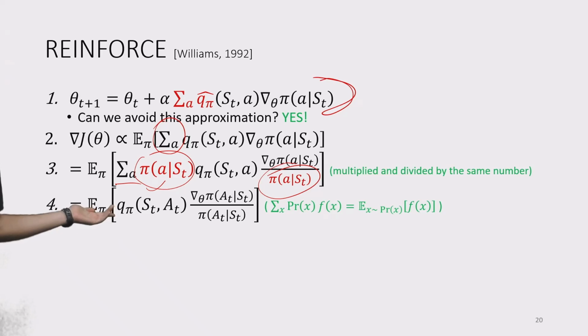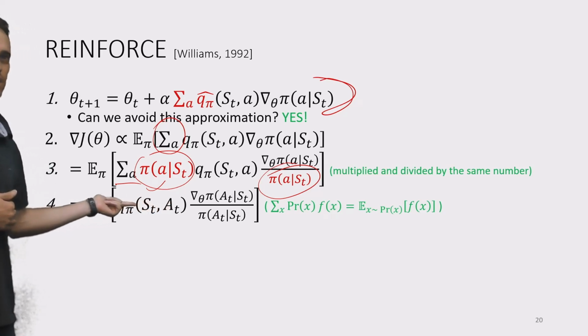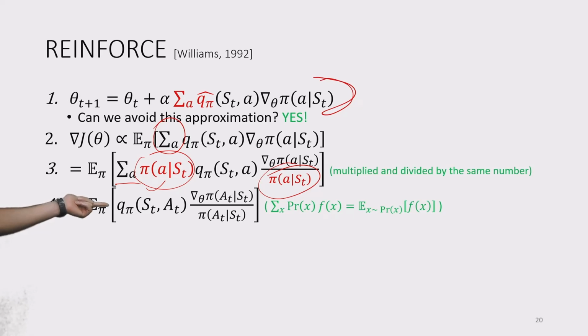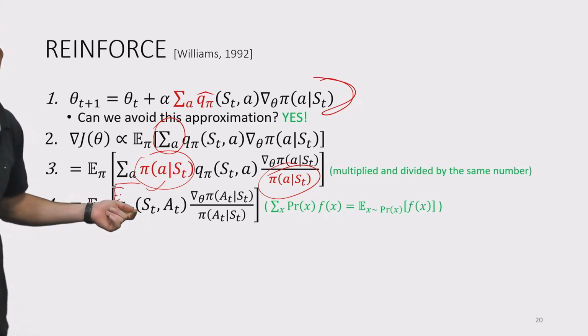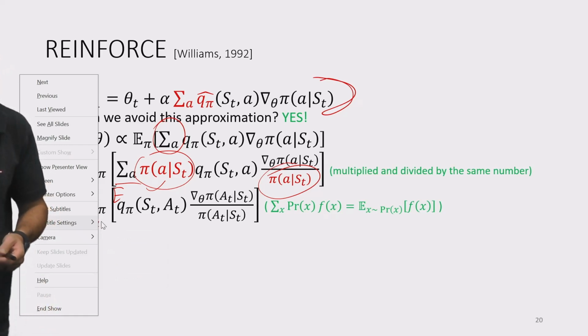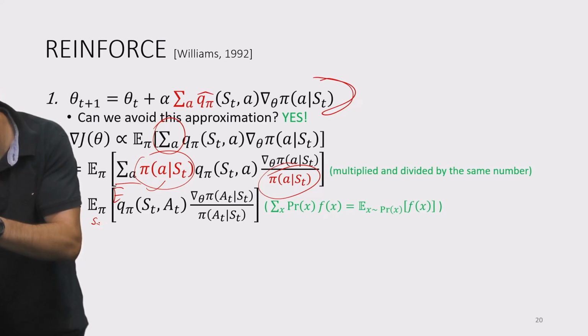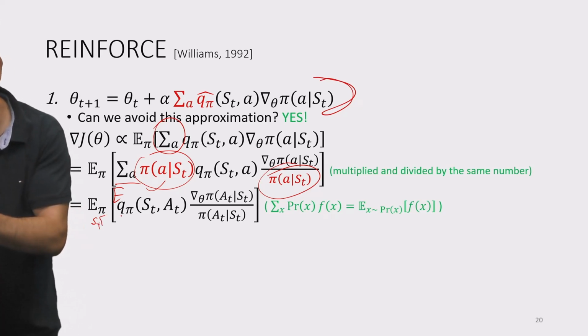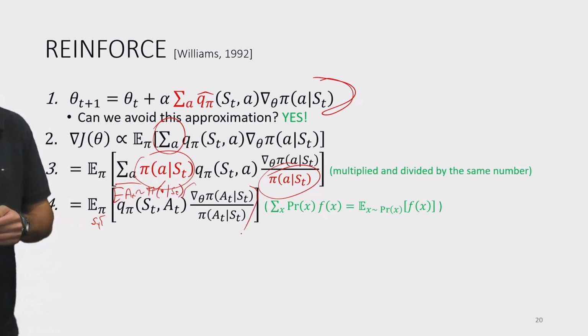I should have written here, so this is also an expectation over drawing an action. Should be here, an expectation over drawing a specific action A_t under policy pi. And this expectation is for drawing state S_t under policy pi. Okay, so I should have another expectation here for drawing S_t under this policy, and then we need another expectation for drawing A_t under the specific policy, from the distribution defined by our policy over our current state, and another parenthesis over all of this, right?